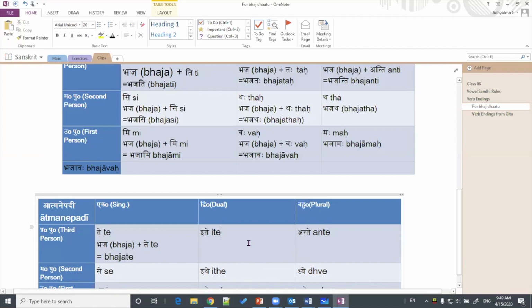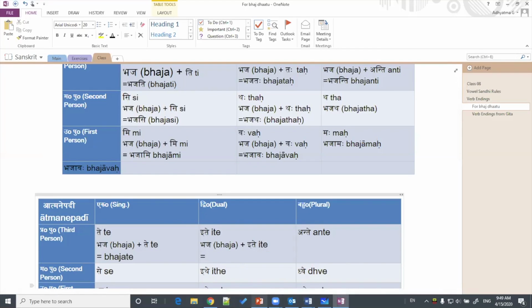Here bhaja plus ite becomes. So now you know these sandhi rules. We have already studied these sandhi rules. Akara plus ikara.